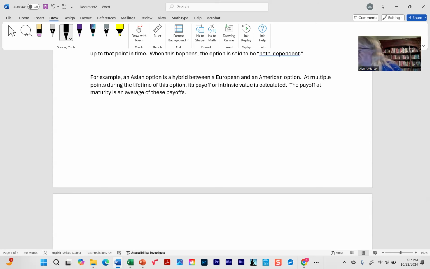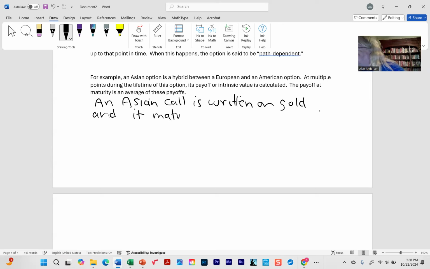Let's say that we have this case, and here's an Asian call. It's written on gold, let's say, and it matures in, let's say, 4 months. The strike price is, let's say, $2,000.